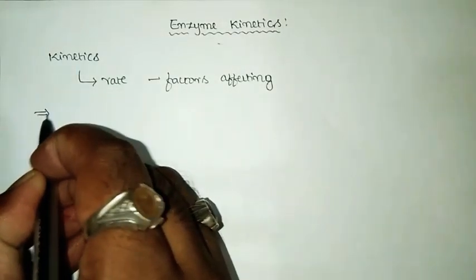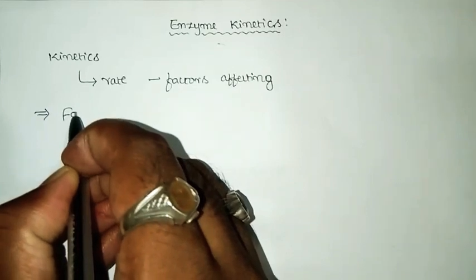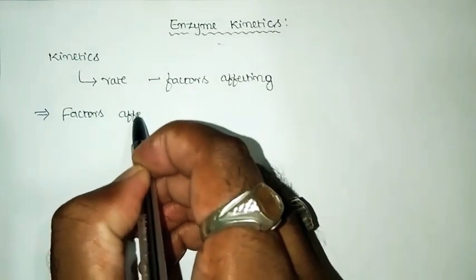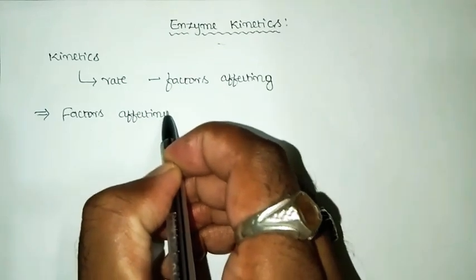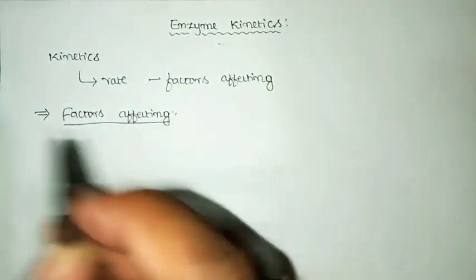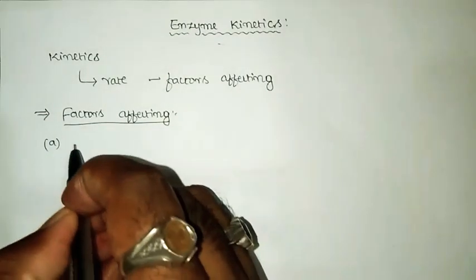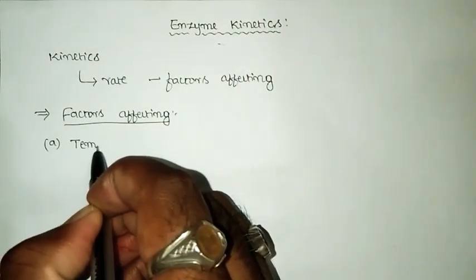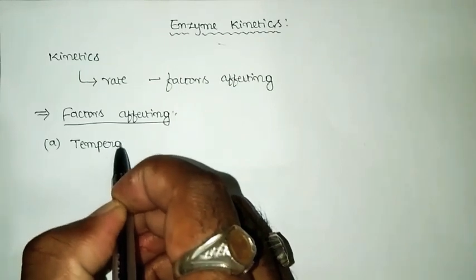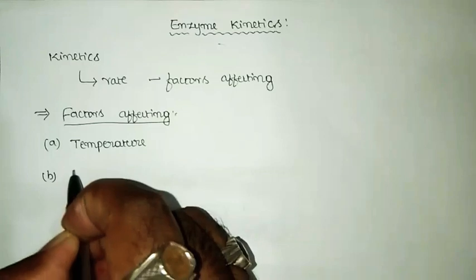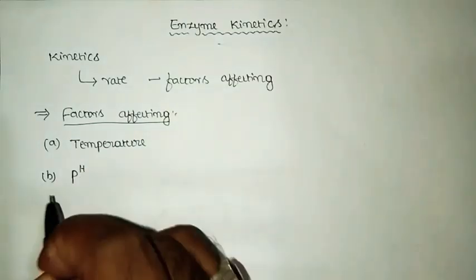First we shall see which are the factors that mainly affect the rate of an enzyme catalyzed reaction. The first factor is temperature, and the second factor is pH.